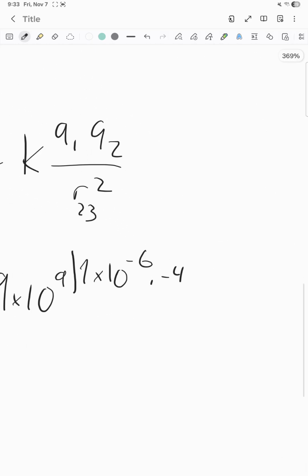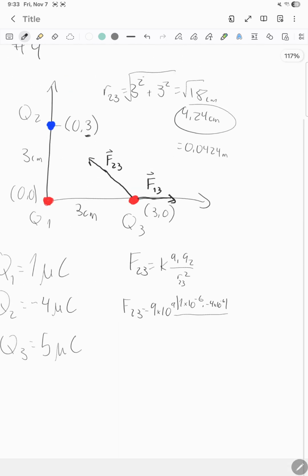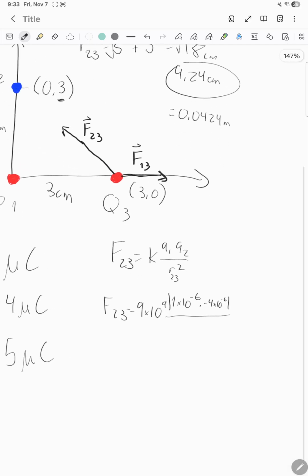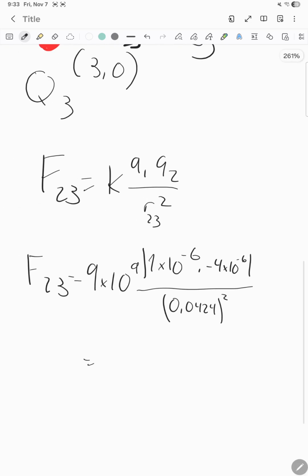So 4 times 10 to the negative 6. Then we divide by the square of 0.0424. You could plug these numbers into your calculator.